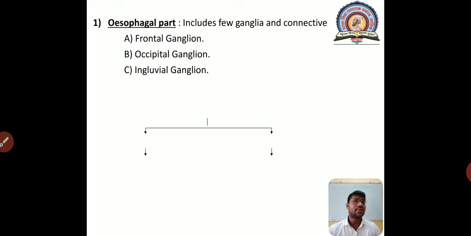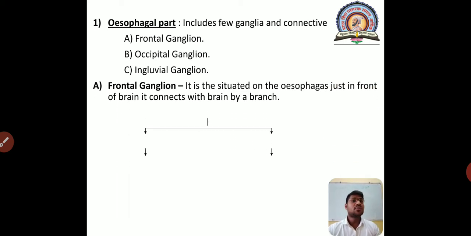The frontal ganglion is situated on the esophagus, just in front of the brain. It connects with the brain by a branch. This is the frontal ganglion.